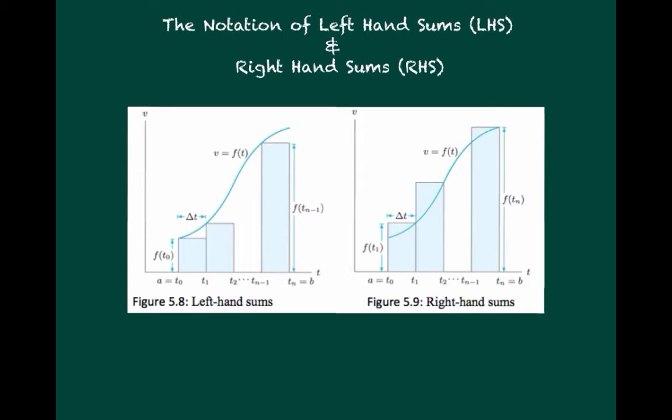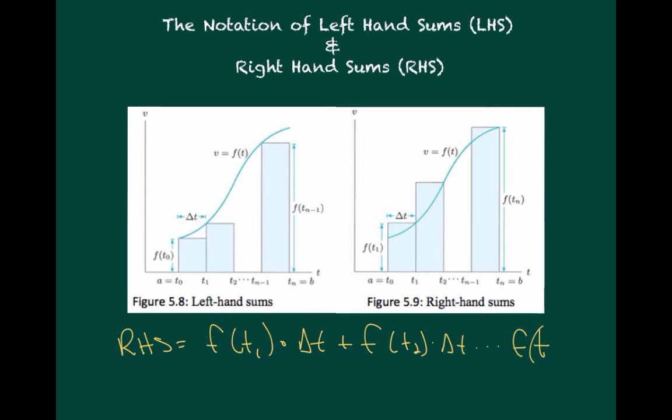So my right-hand sum will equal f of t sub 1 times delta t plus f of t sub 2 times delta t all the way to f of t sub n times delta t. Since the last rectangle's right endpoint has a height of f of t sub n, that becomes our final term. And so that becomes our right-hand sum.